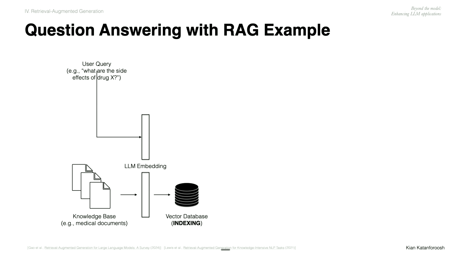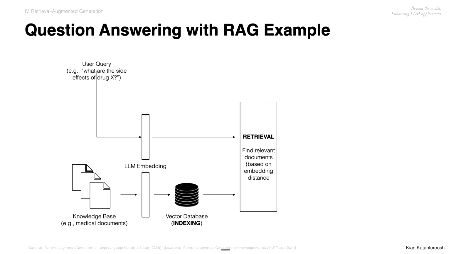So what you do is you also embed, usually with the same algorithm, the user prompts, and you run a retrieval process, which is essentially saying, based on the embedding from the user query and the vector database, find the relevant documents based on the distance between those embeddings.